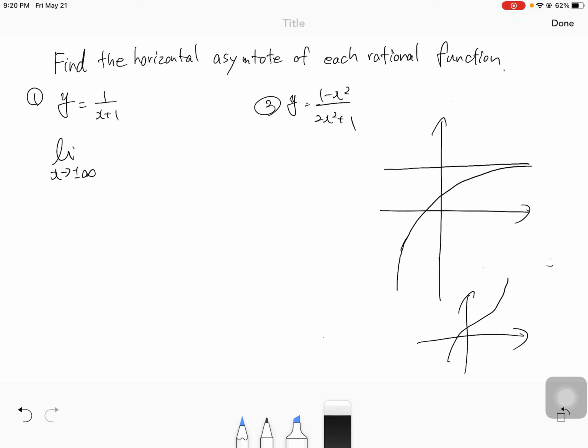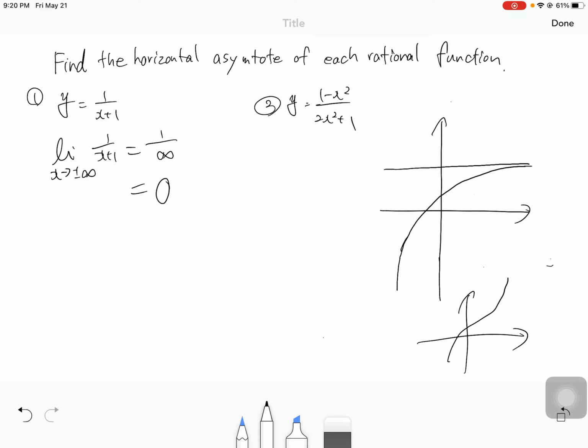Then let's work on number 1, y equals 1 over x plus 1. When the x value approaches infinity or negative infinity, it's going to be 1 over infinity. You can assume this one is 0.